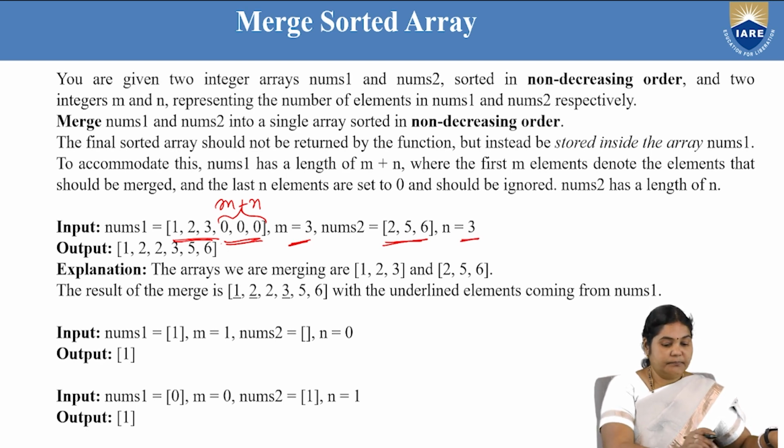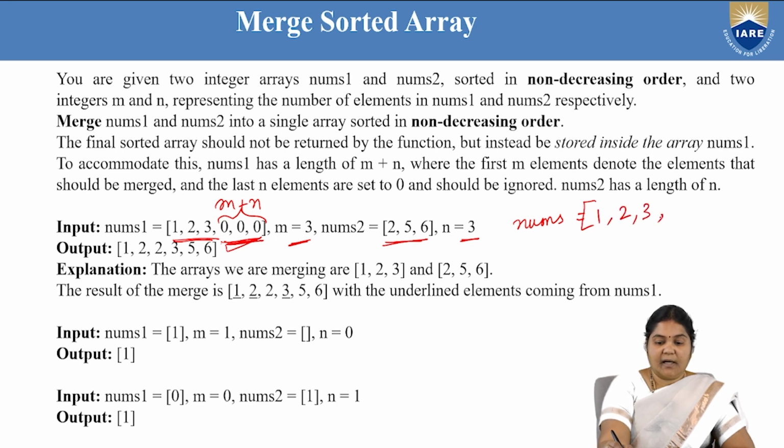Okay. Now, these 3 elements should be placed over here and after that you have to sort it in non-decreasing order to get this output. Now, what I will try to do: in nums1, we have the elements 1, 2, 3 and these 3 are dummy.